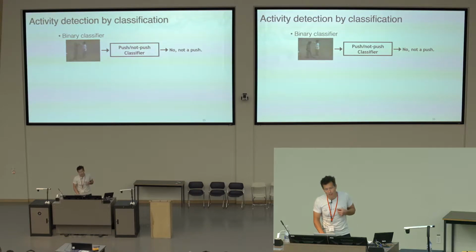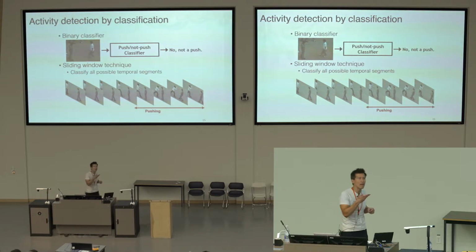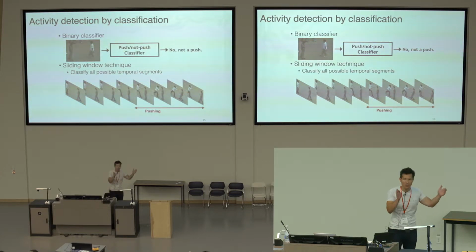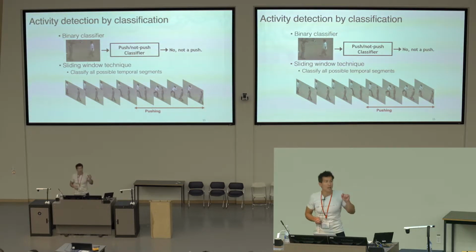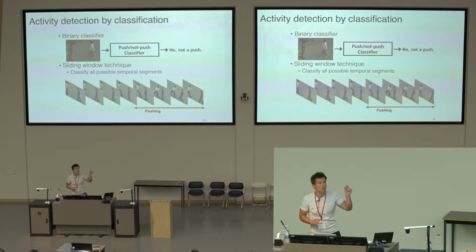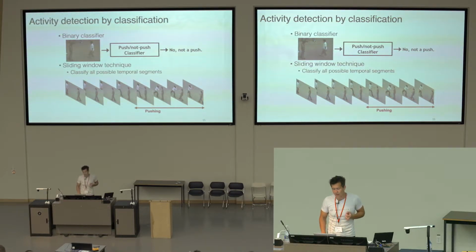If I have access to something like this and I wish to do temporal detection, a very naive way of approaching things is just to take my long video and then run that classifier over all possible temporal segments at many different temporal resolutions, so small scale, medium scale, larger scale, and see where that thing fires and say, okay, that's a pushing action right there. So that's a way in which people can take a push, non-push, simple clipped video classifier, then extend it to doing detection in time.